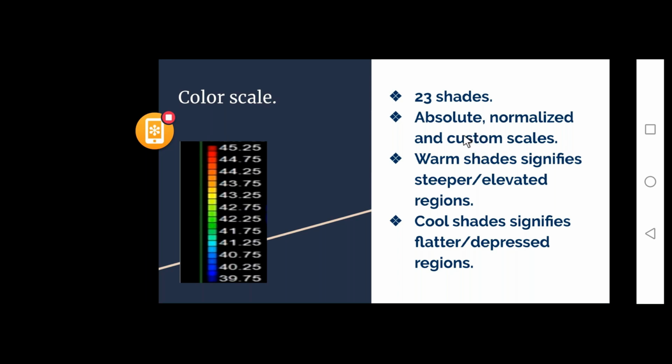Custom means you can change it. So suppose in custom I'm putting a 0.25 value, then each of the shades you see over here signifies 0.25 diopters. Okay, and what is an absolute and a normalized scale? I'll come to that in the next slide.